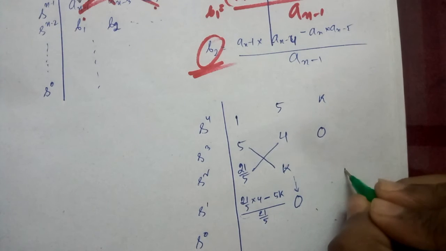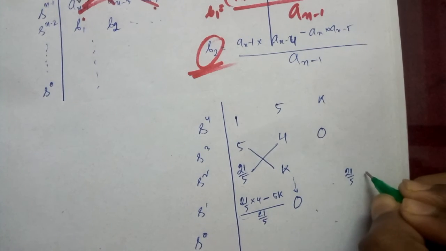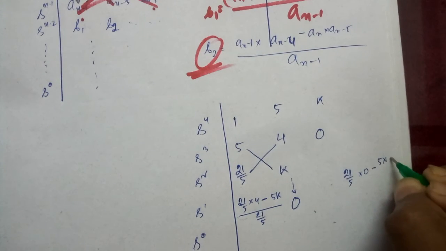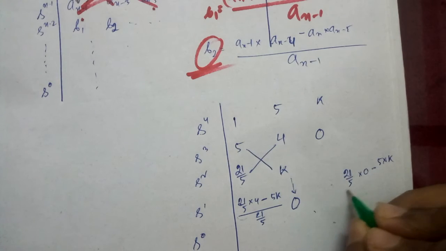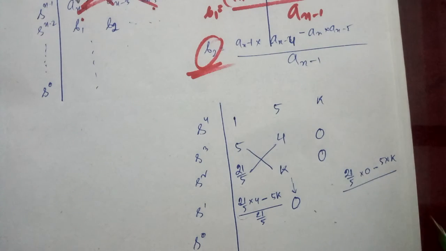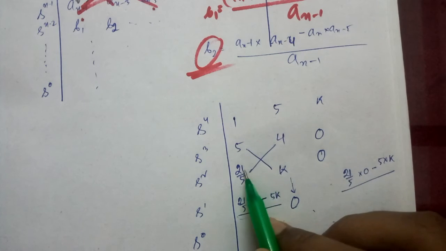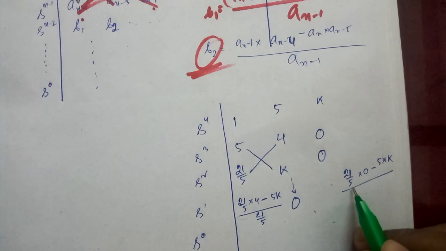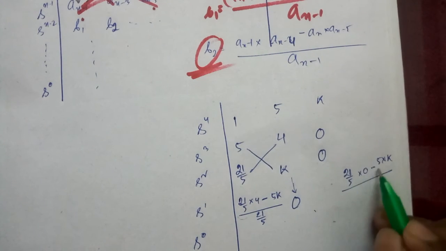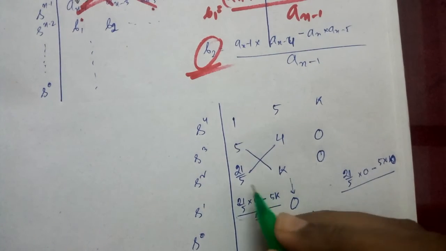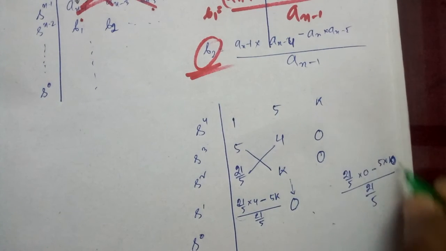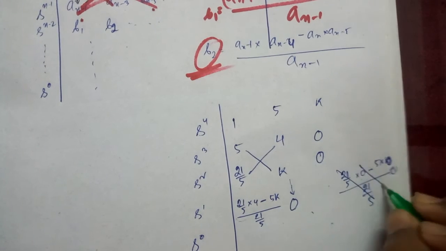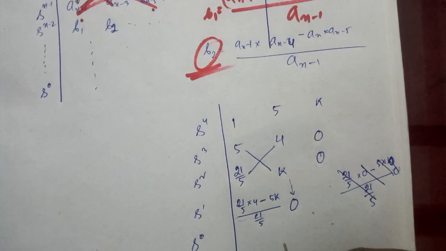How? 21 by 5 into 0 minus 5 into 0 by 21 by 5. Here we find nothing, so the numerator is 0, so it will come 0. Directly you can write this. This is actually very easy.